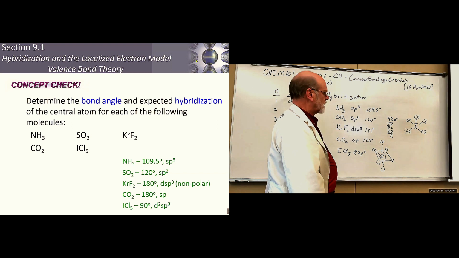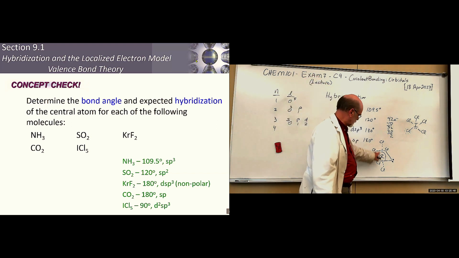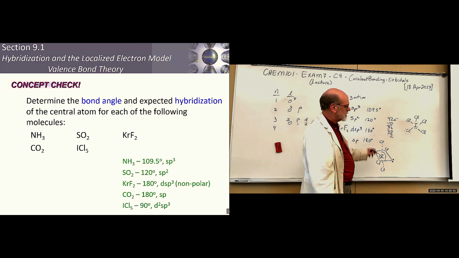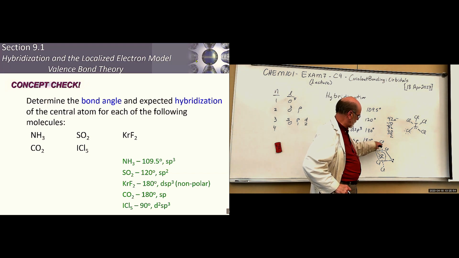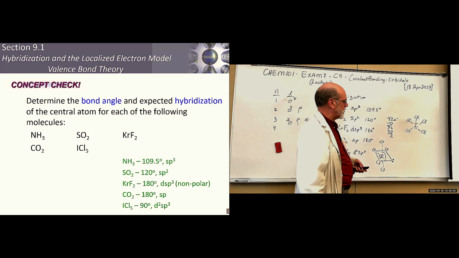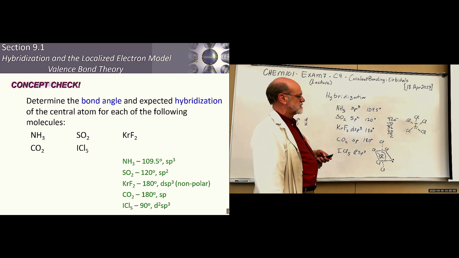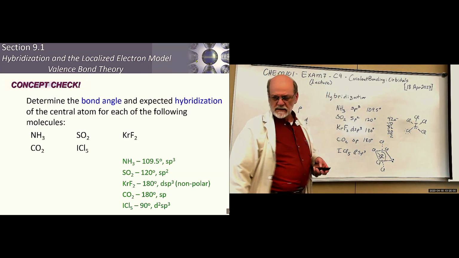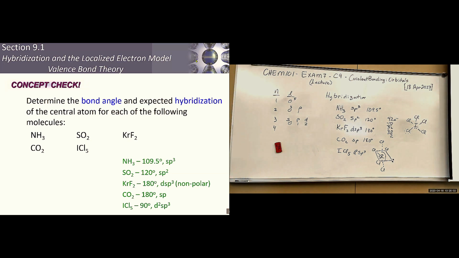Oh, it left off this one. Unless it's putting the lone pair up here. Then why would it do that? I don't think I have a ready reference to tell me whether or not that's right.